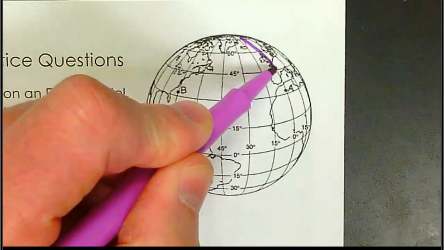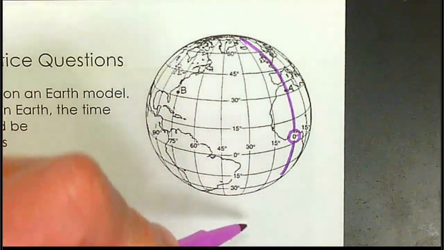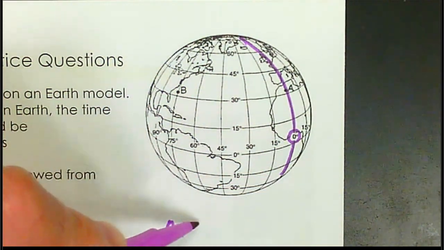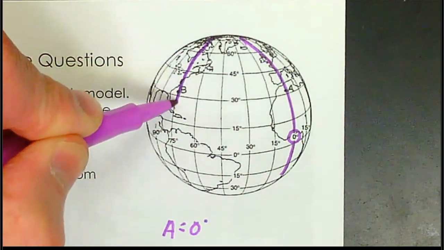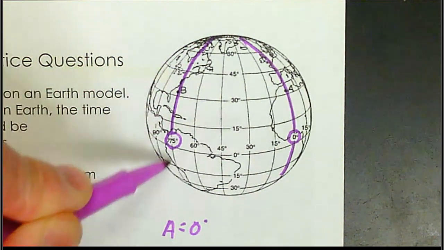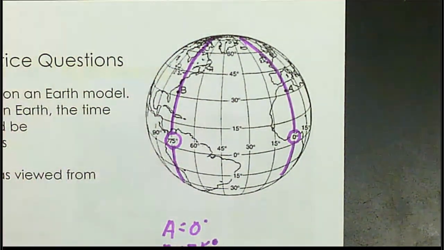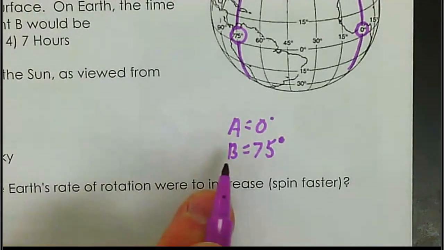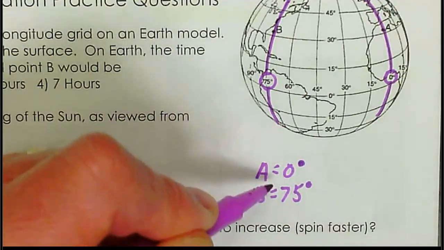And B is on this longitude line, 75 degrees. So there's a 75 degree difference between the two.